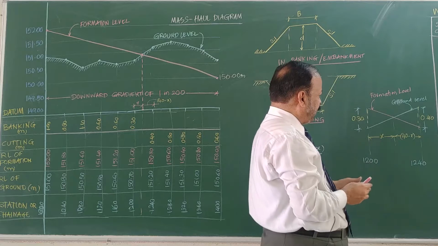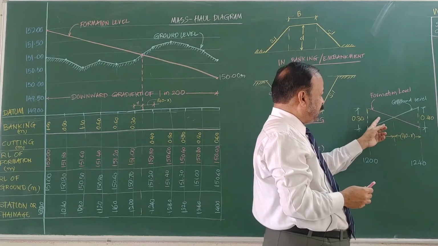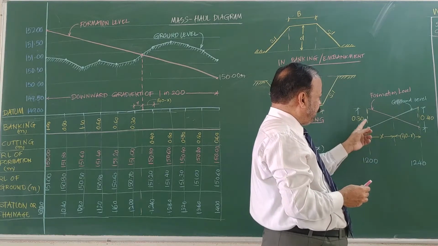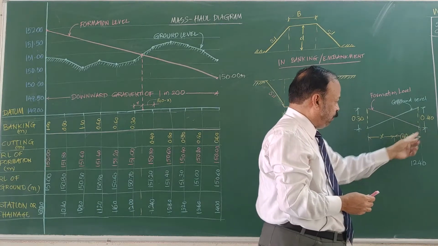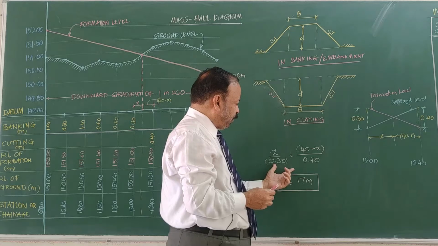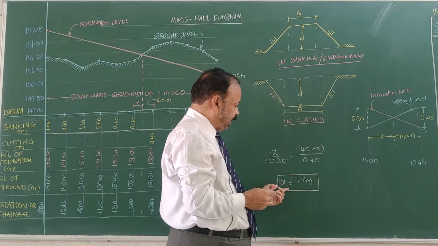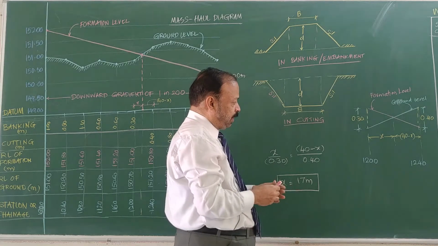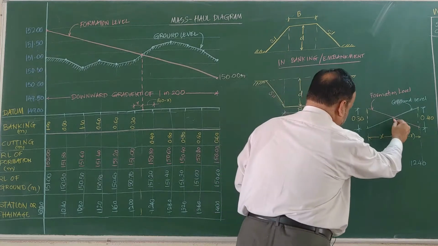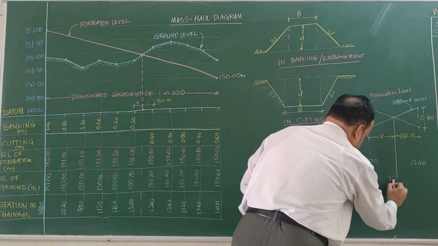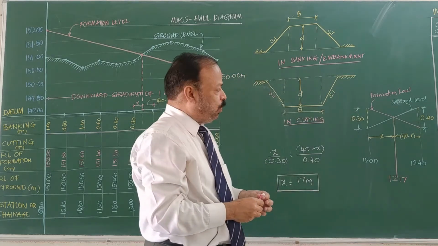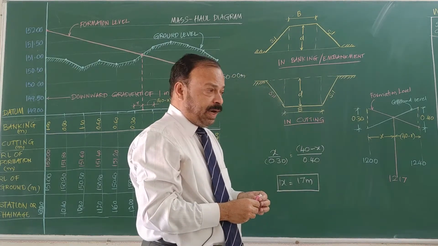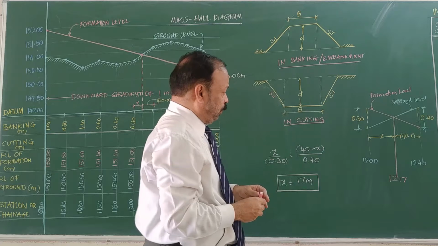So if you take similar triangles, x divided by 0.3 will be equal to 40 minus x divided by 0.4, that is written here. From this calculation we get x equal to 17 meters. So that is at 1217 chainage, the depth of cutting equals the depth of banking, and that is equal to 0.